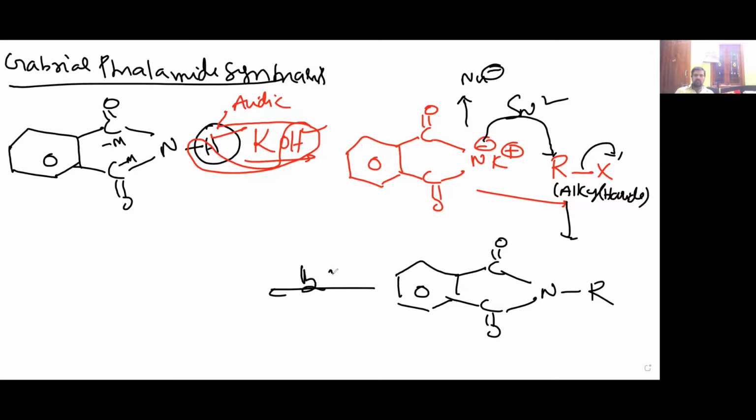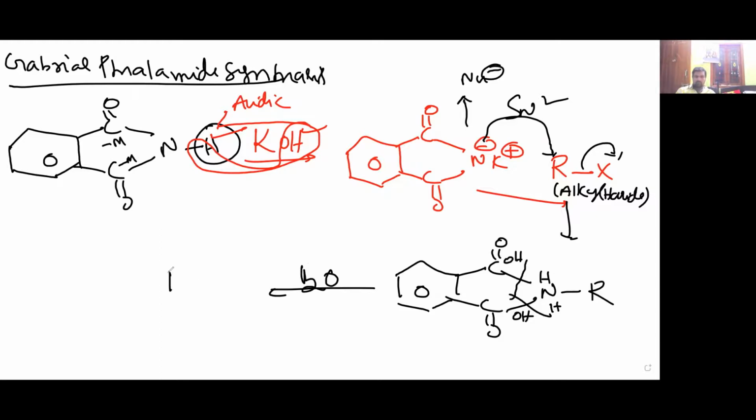This N substituted amide on hydrolysis, the bond must be shifted towards the nitrogen side only, because nitrogen is more electronegative. Here H is added, here OH is added, here H is added, here OH is added. That's all. And what will happen if you add base? Suppose base is added, then only COO minus is forming.